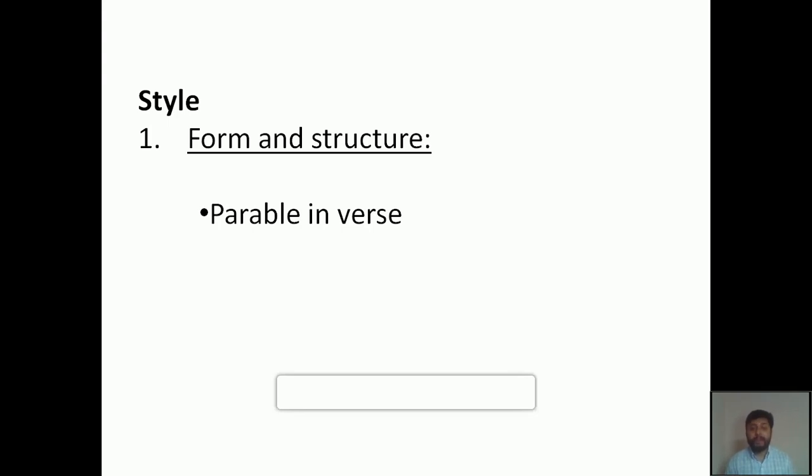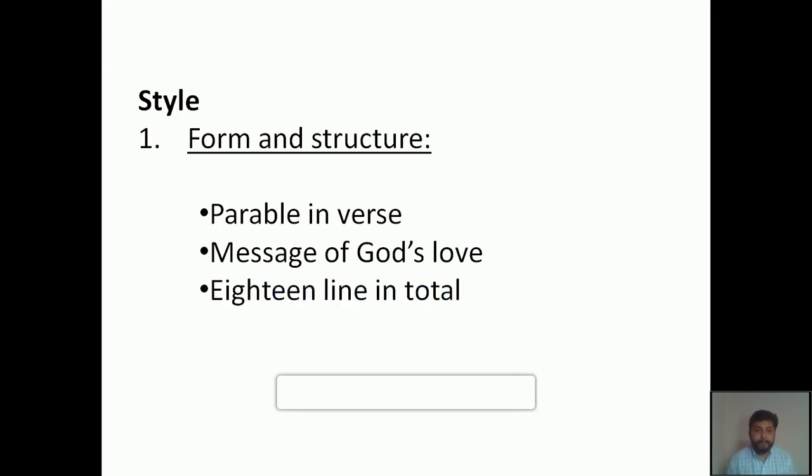So actually this poem is something like a moral story, but it is in the form of a verse. It's in the form of a poem. So, parable in verse. Second one, it is conveying the message of God's love, and 18 lines in total.